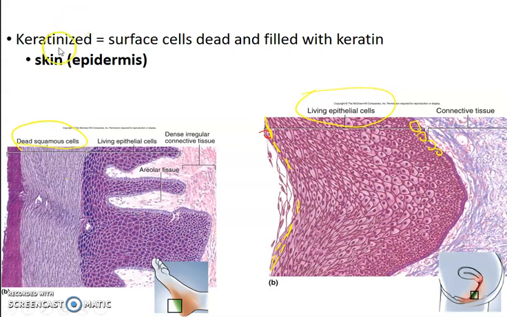So keratinized, the outer surface fills with keratin and dies. And this is the skin, the epidermis, because it needs to be extra tough because it's interacting with the environment. Think how much it hurts when you touch something when you have a cut. The skin is protecting all those nerve endings underneath.